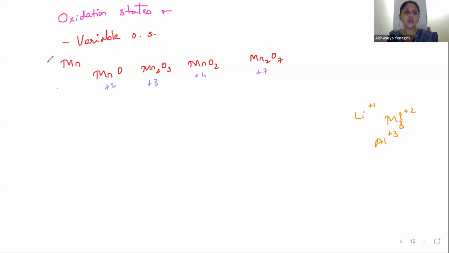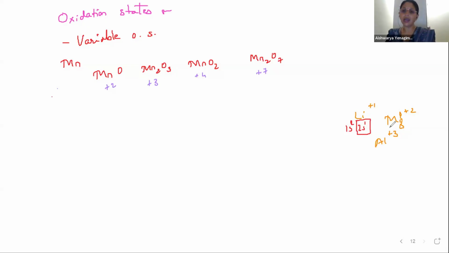But D block elements have variable oxidation states. They exhibit different oxidation states in different compounds. Why? Lithium shows +1 oxidation state because its configuration is 1s2, 2s1. By losing one electron, it will have a stable configuration.